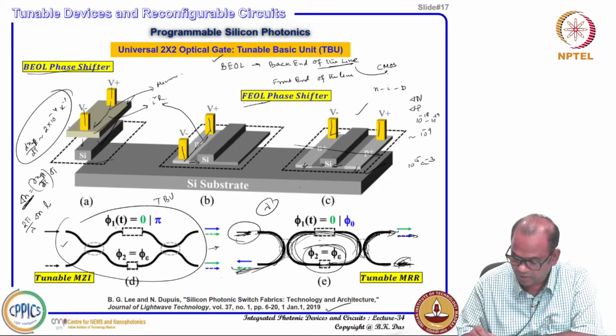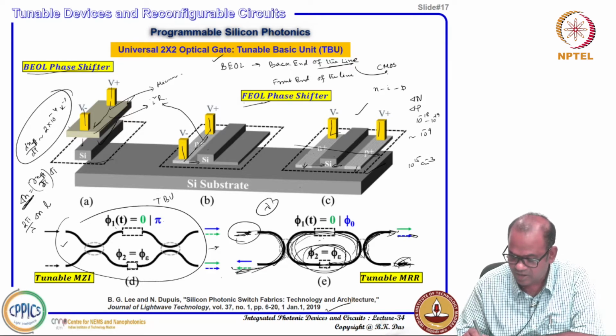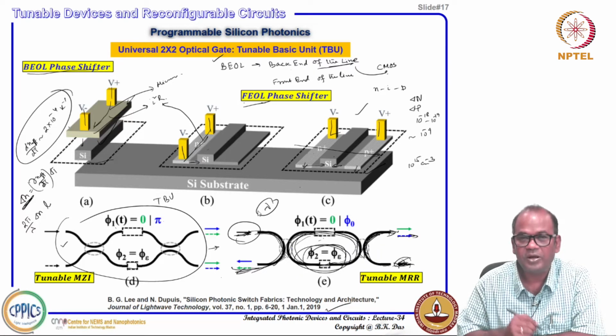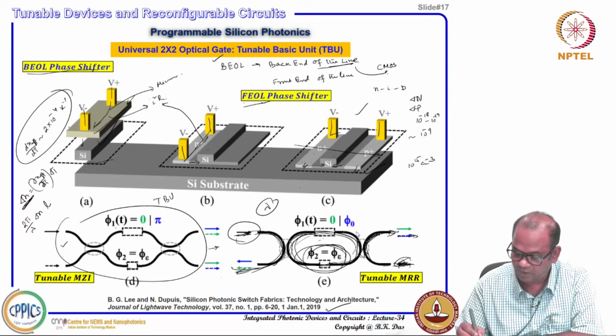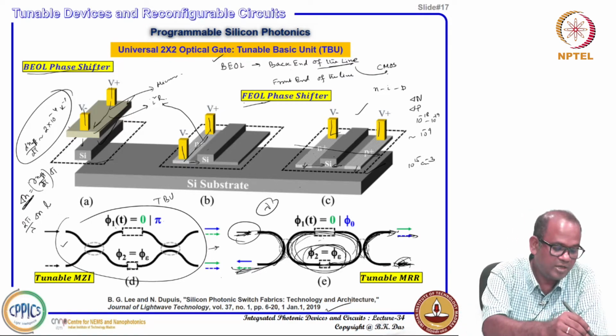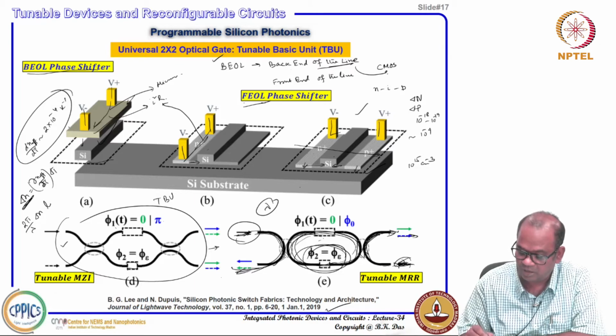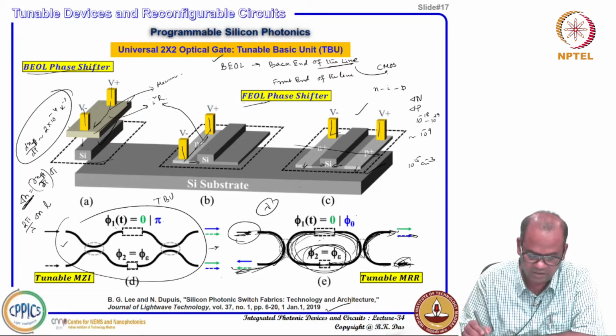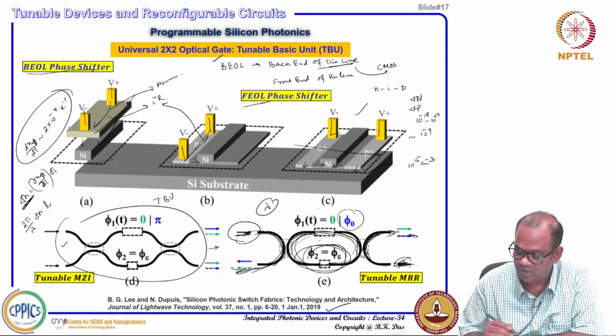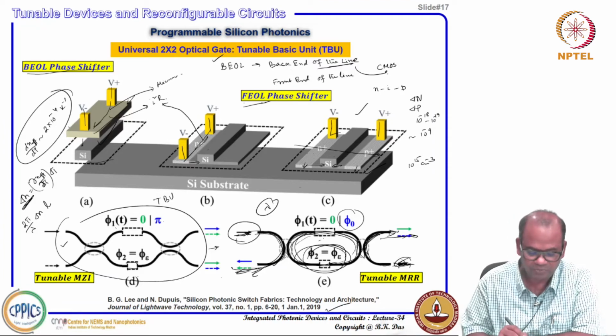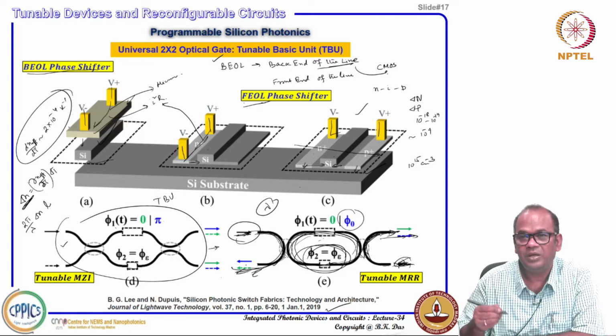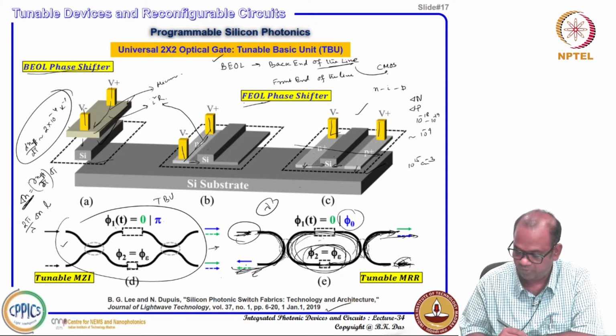So, by controlling phase in one of the arms here, you can adjust the operating wavelength, and by controlling another phase shift you can make the device for digital operation, phi 1 t can be 0 or phi 0, any phase you can consider, and you can control the power coming out here and coming out here. In the same fashion you can show that both output amplitude as well as phase can be detuned. So, it can also be considered as a TBU.